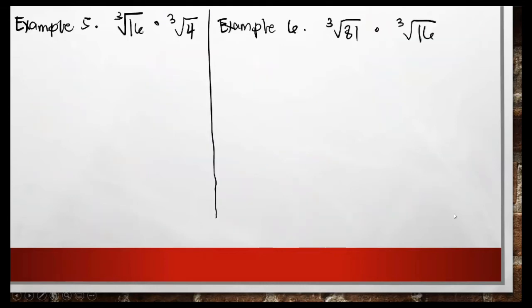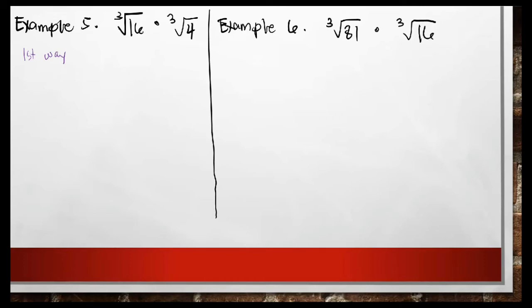For example number 5, we have the cube root of 16 times the cube root of 4. So, here, we have another expression to solve. First way, so let's go with first way of solving. So, in first way, we multiply the radicand if they have the same index.